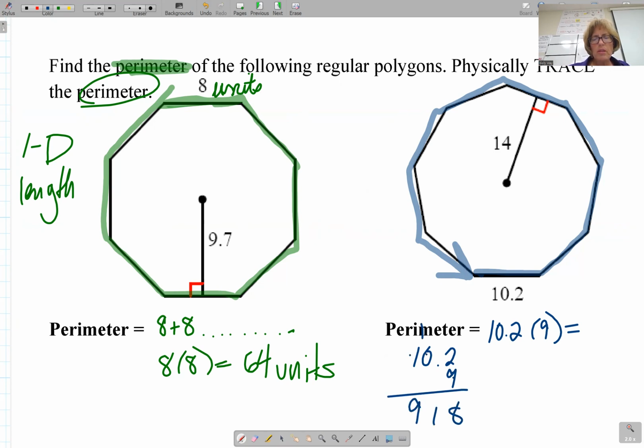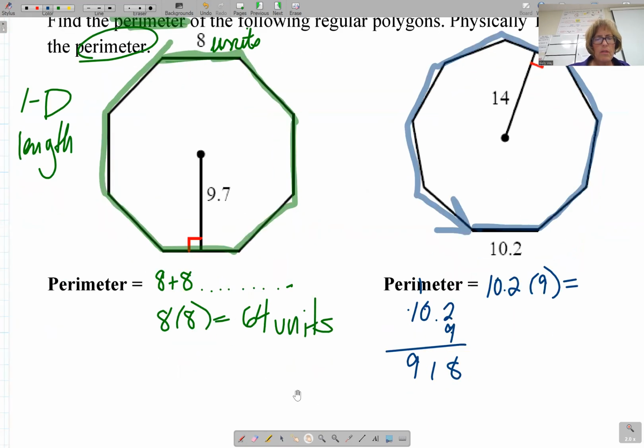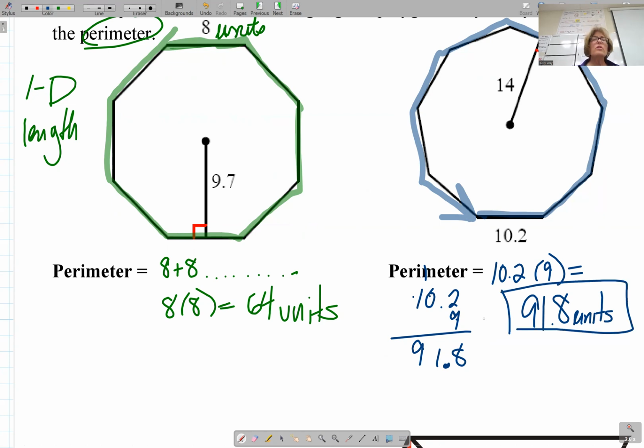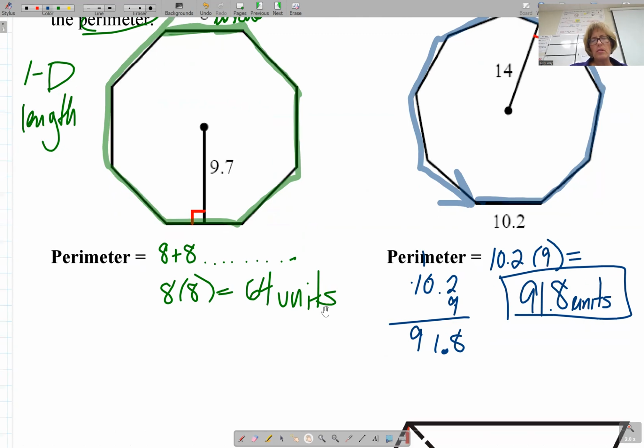That's 1, that's 9. And one decimal point. So 91.8 units. As we work forward, perimeter, trace around. Do not use your eyeballs for perimeter. Physically trace with your finger, add it up, or multiply by the sides.